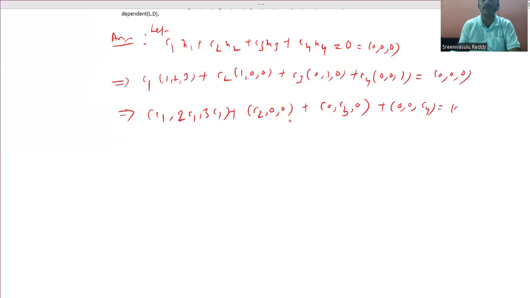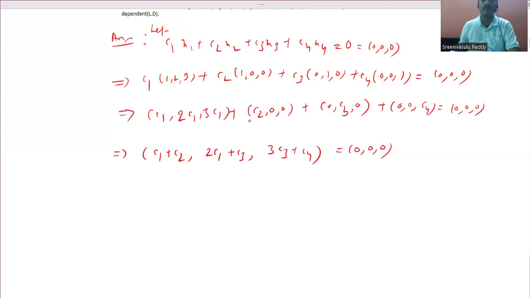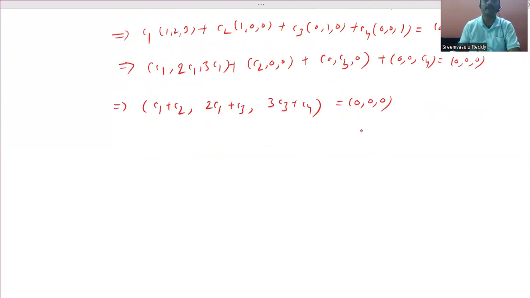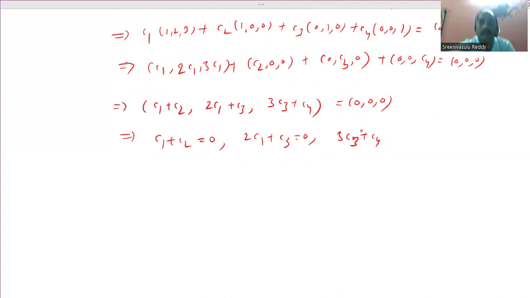Adding the vectors on the left hand side: first component C1 plus C2, second component 2C1 plus C3, third component 3C1 plus C4, equal to the 0 vector. Now we have three components on the left hand side as well as three components on the right hand side. Equate the corresponding components: first component, second component, third component.